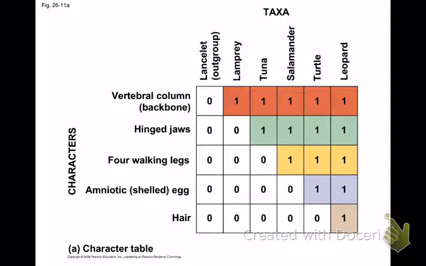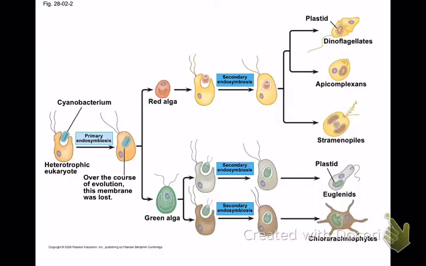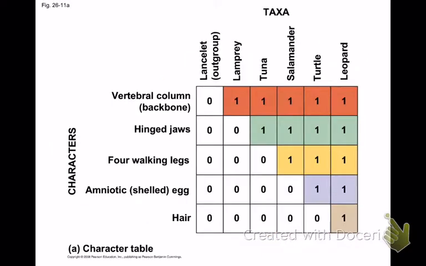Here's an example of a data matrix, and the way you read these data matrices is if there is a zero, that means the organism has the ancestral character, and if there's a 1, that means the organism has the new character, which we call a derived trait.